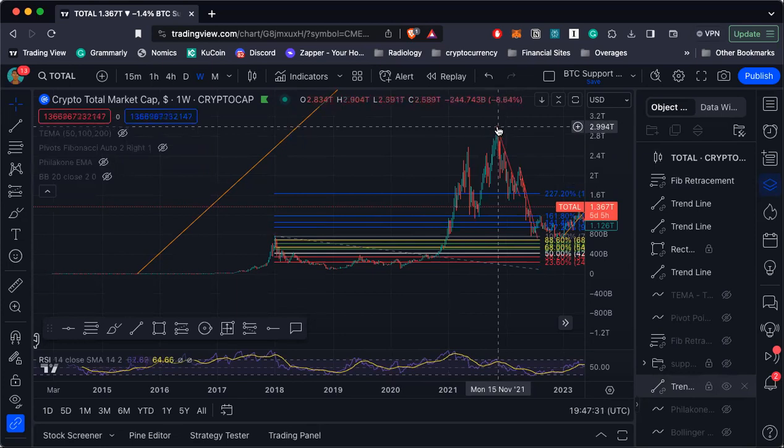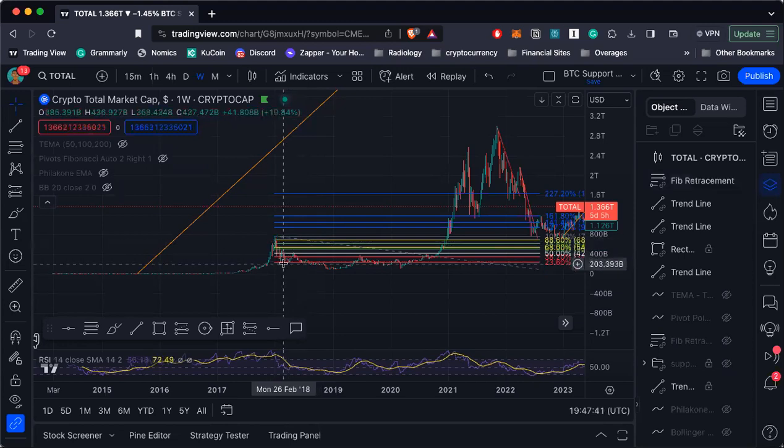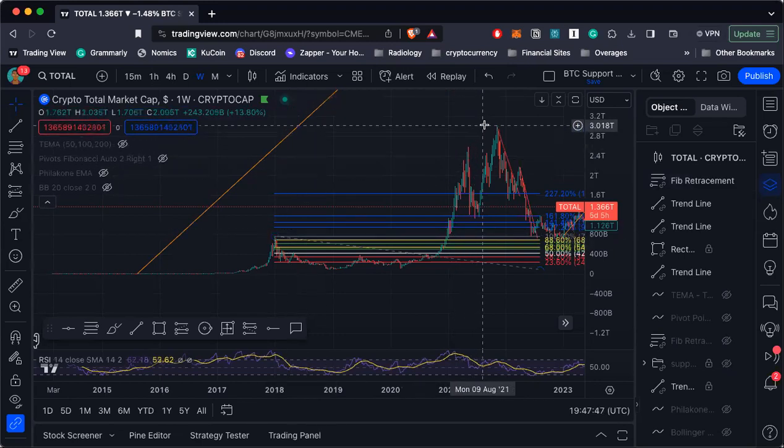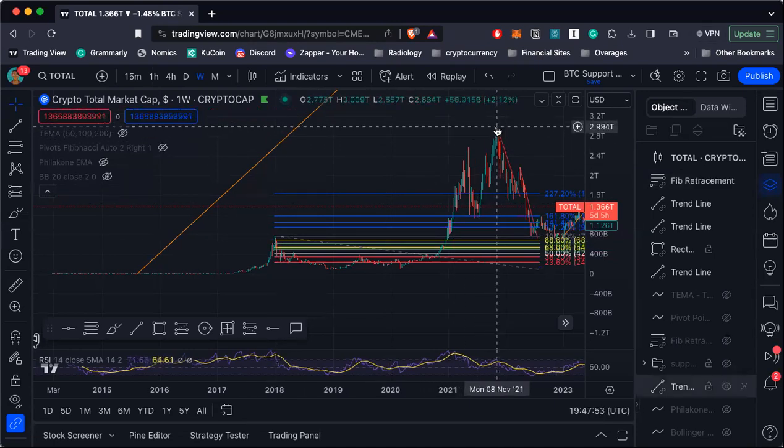Might as well just say 3 trillion. I'm bugging out. We went from a peak of 770 billion in 2018 to a peak of $3 trillion in 2021.